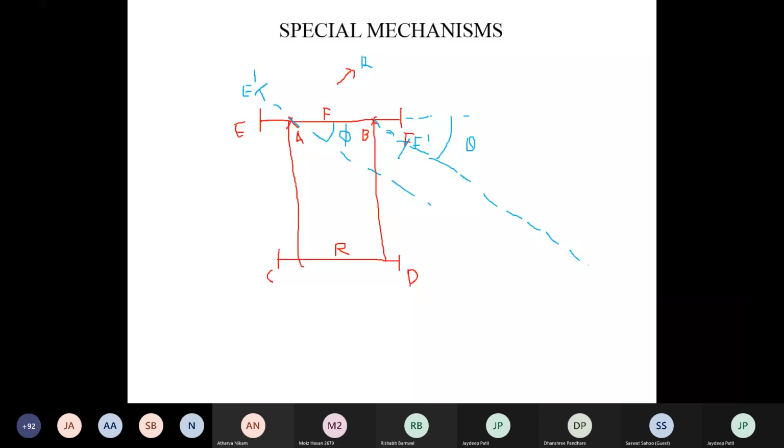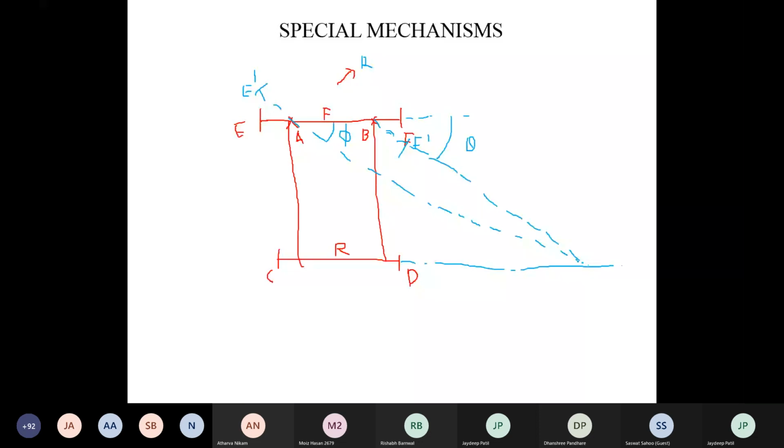While the vehicle is taking a turn, the ICR of the front wheels intersects on the axis of the rear wheel. Suppose this is the axis of the rear wheel. At that time, the ICR of both the front wheels intersects or lies on the axis of the rear wheel.